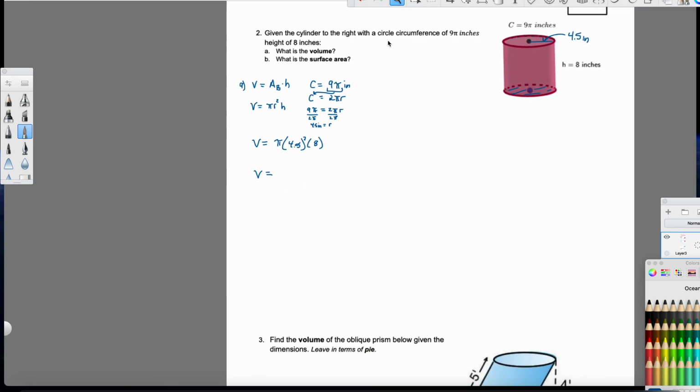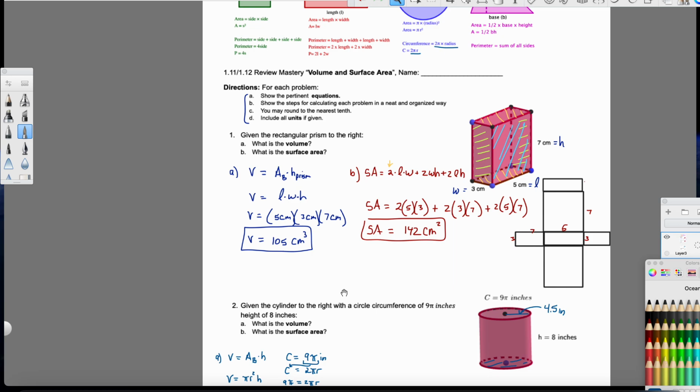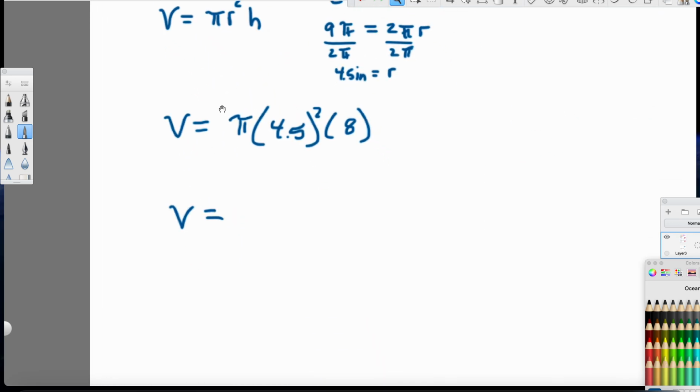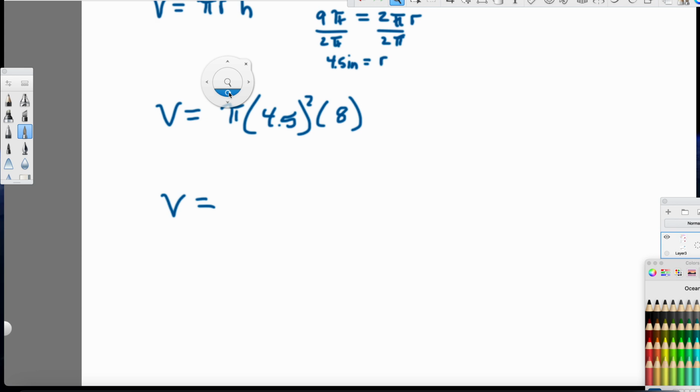And what did I say in the instructions? Round to the nearest tenth. Okay, so I'm going to put this in the calculator. And I recommend you do it. Learn how to use the calculator and don't just rely on me doing the calculation for you. 508.9.